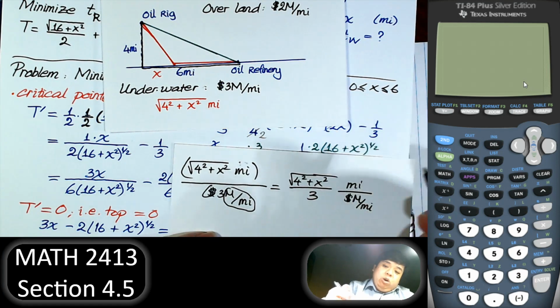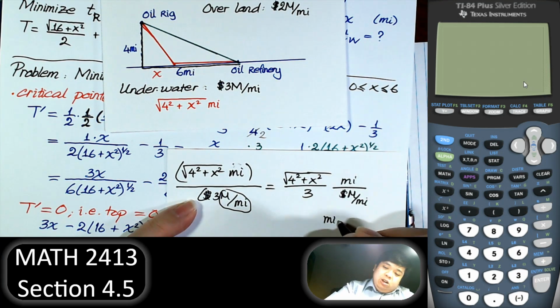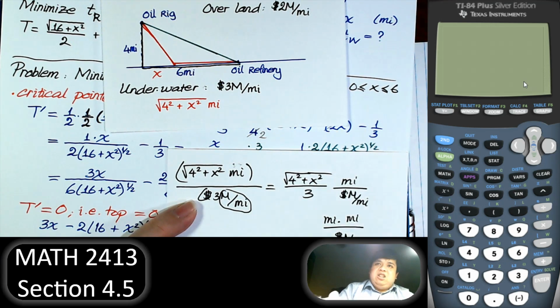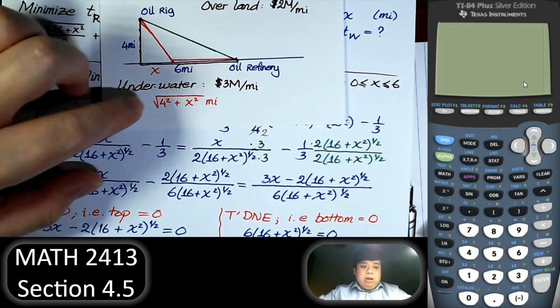Multiply the reciprocal, we're going to flip this, and then we have mile multiplied by mile over dollars. That doesn't work, right? So we're not going to divide them. That doesn't make sense.